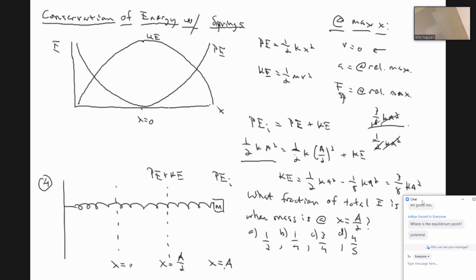You would have ended up with 3/4 in terms of total energy that was in kinetic at that point. If we look at it halfway back between x and 0, that's what it looks like, right? This is kinetic up here. This is potential down here. Make sense? Any questions?